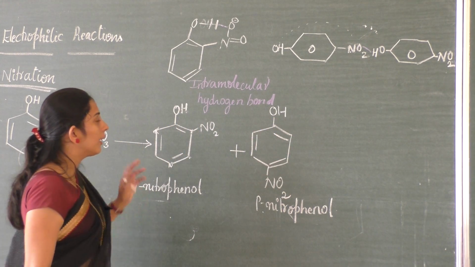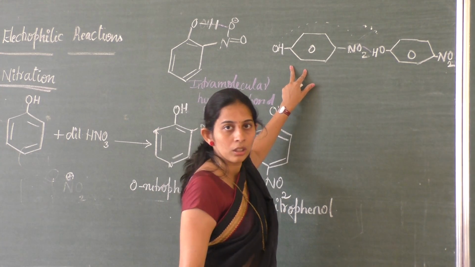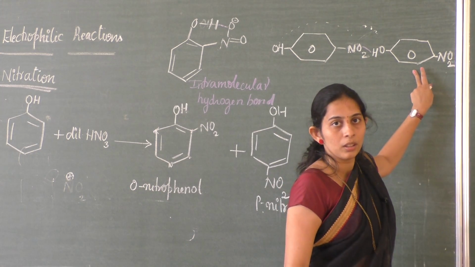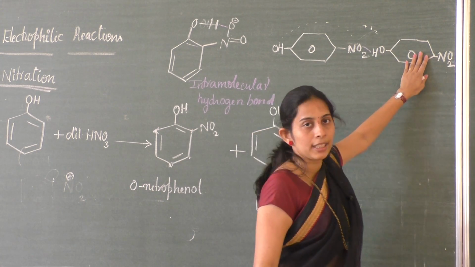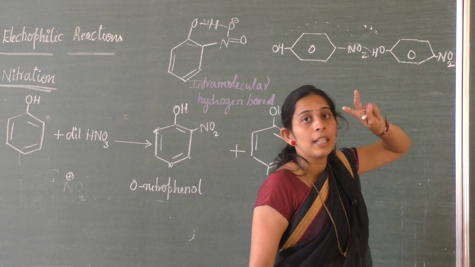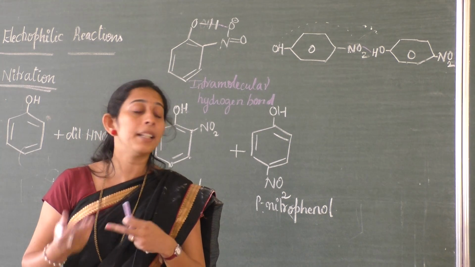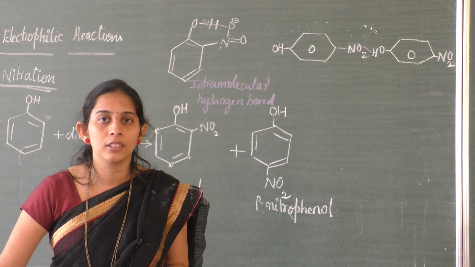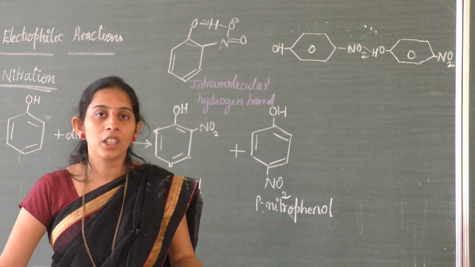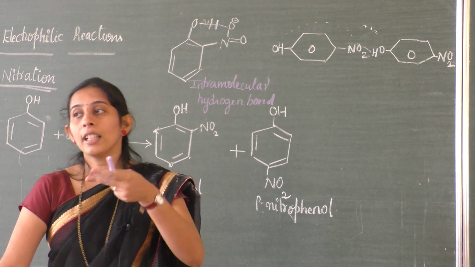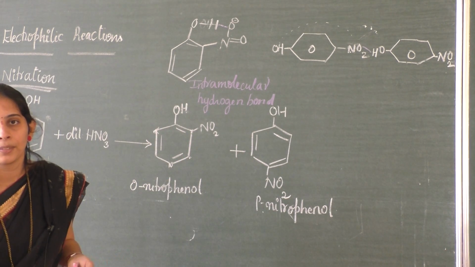So this is one molecule, this is another molecule. Two molecules are there. Between the two molecules there is hydrogen bonding, which means intermolecular hydrogen bonding. Two molecules are there, so intermolecular hydrogen bonding.